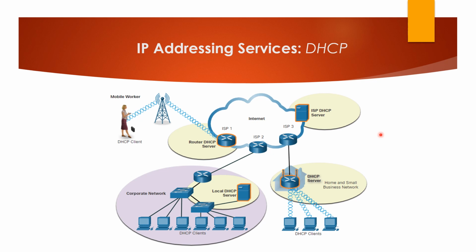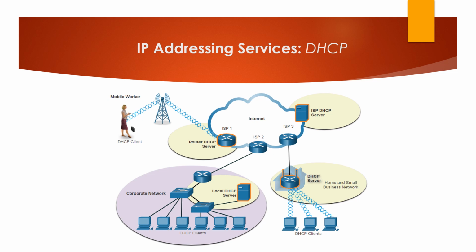With a home network, the DHCP server is usually located on the local router that connects the home network to the internet service provider, as it is here. Or here.